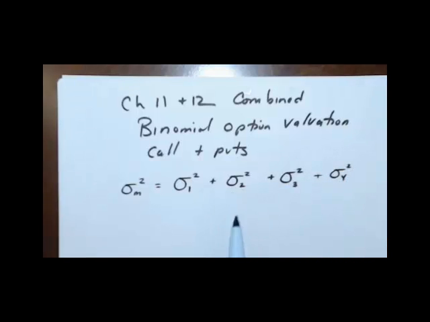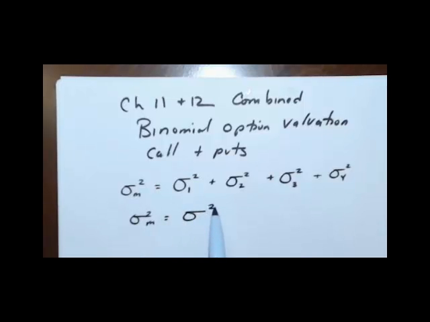And we assume that each of these variances are equal. What this boils down to is that the variance of a month equals the variance of a week times t, because there's 4, and so you can think of t as 4 weeks.